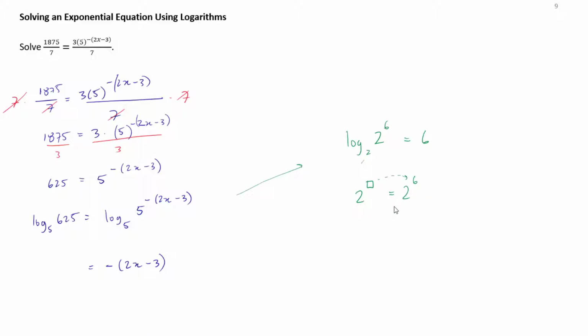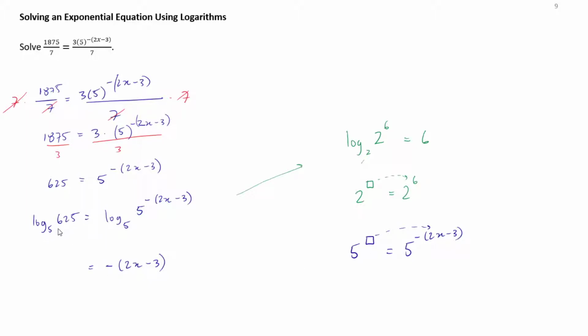So what exponent on 5 causes it to be equal to 5 to the power of negative 2x minus 3? Well, we can see that this expression right here is the exponent.